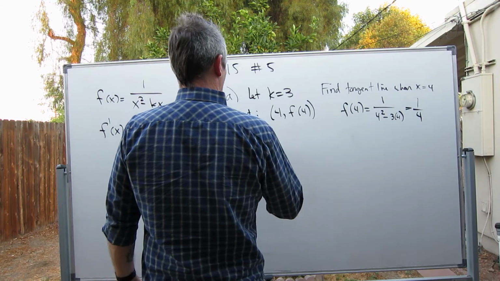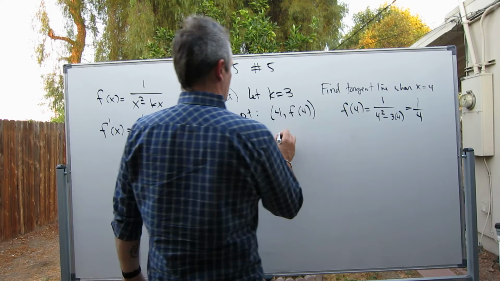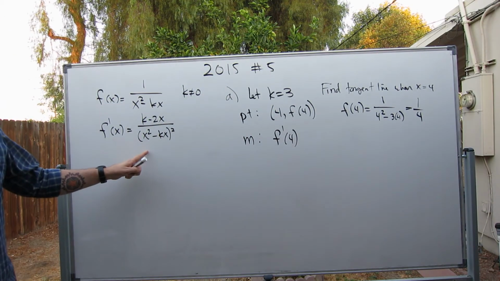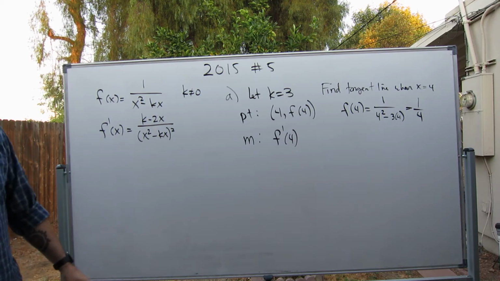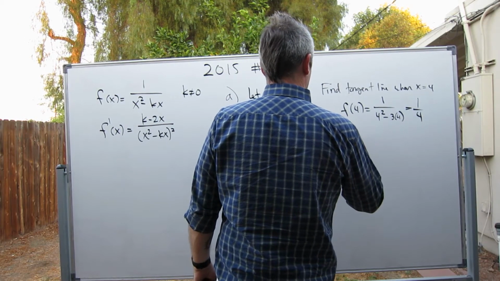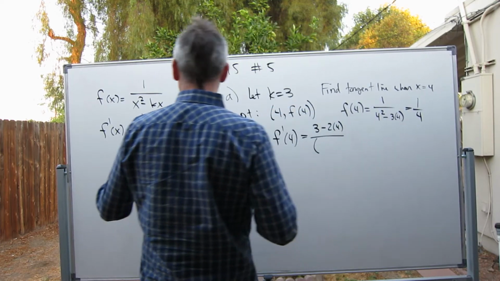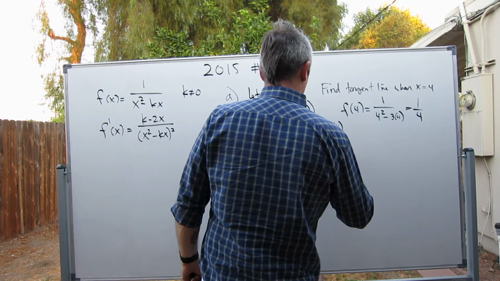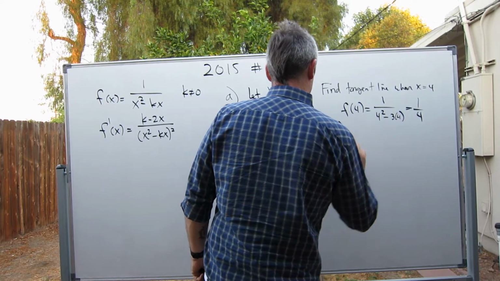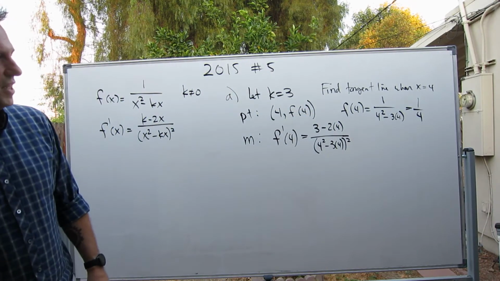Next we need the slope. The slope is actually known as f prime of 4. That's the whole point. So we're going to plug 4 into the derivative, remembering again that k equals 3. So we're going to have 3 minus 2 times 4 over the quantity 4 squared minus 3 times 4, squared. Hopefully I don't make any mistakes.